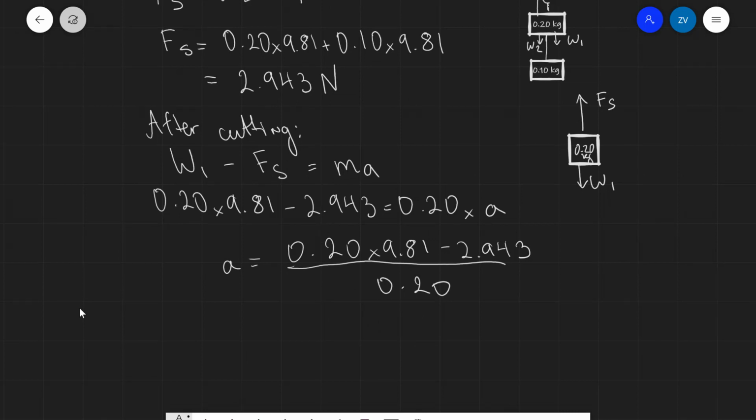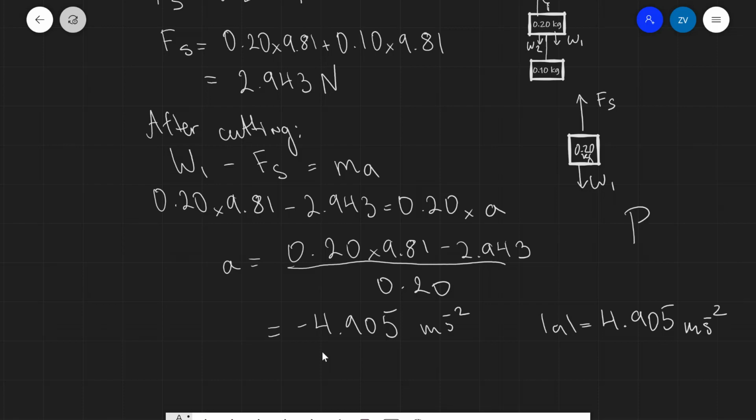And if we were to put this into a calculator, we are going to get negative 4.905. Now the magnitude of this acceleration is just 4.905 meters per second squared. Let's not forget the unit, and the sign is simply dependent on what we take for positive and what we take for negative. But either way, the correct answer is B.